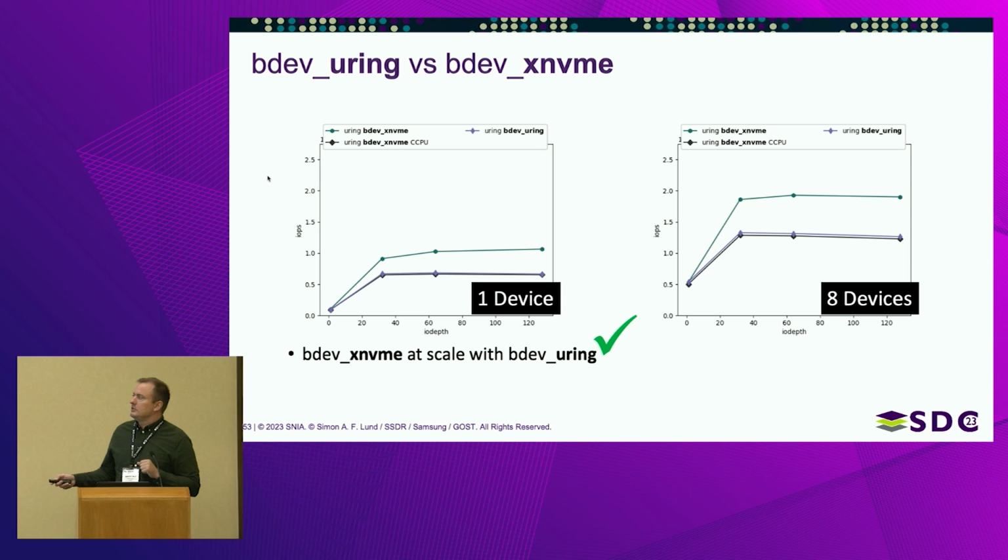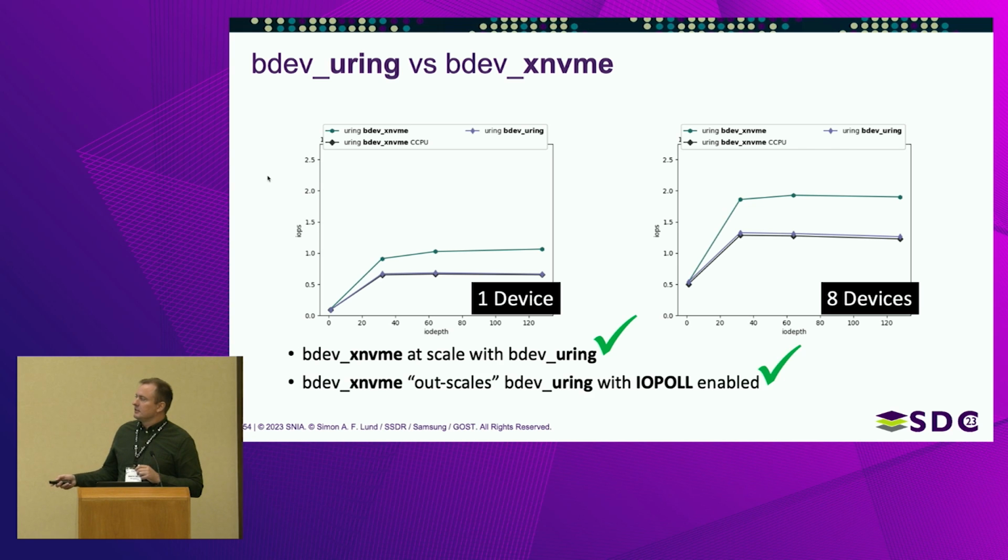There are basically no differences between BDEV uring and BDEV xNVMe when it's trying to conserve CPU. The thing that's hidden behind that flag is that these 2 implementations don't use I/O polling. And BDEV uring in SPDK doesn't have support for the I/O poll feature.